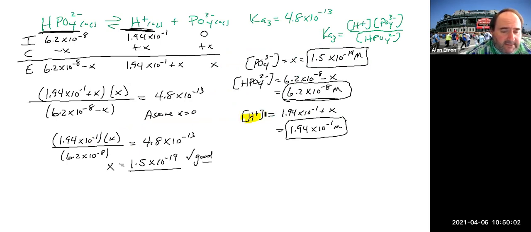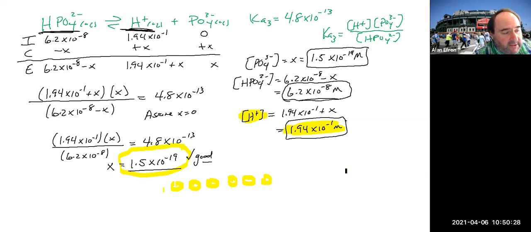Our H plus concentration at the end also ended up being 1.94 times 10 to the minus 1. Was there a real change that occurred? There was, but that's like 18 zeros basically.